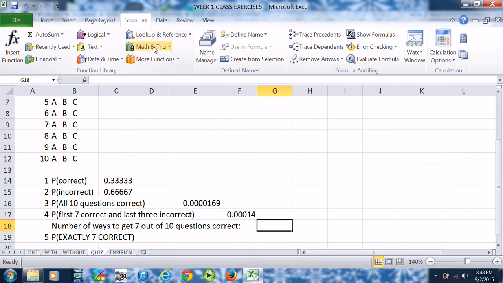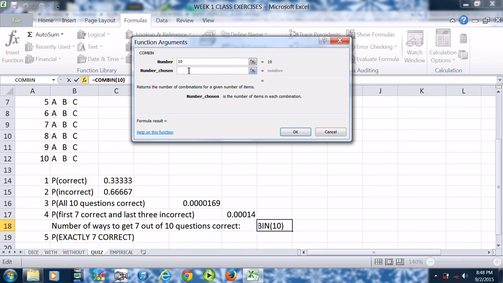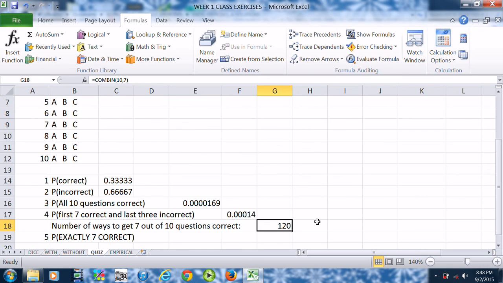So we go to Formulas, Math & Trig, COMBIN, and from the 10 questions, we want to choose 7 of them to be correct. So there are 120 ways to get 7 out of 10 questions correct. Since getting any one of the questions correct is independent of getting any other question correct, each of the 120 ways of getting 7 questions correct has the same probability.